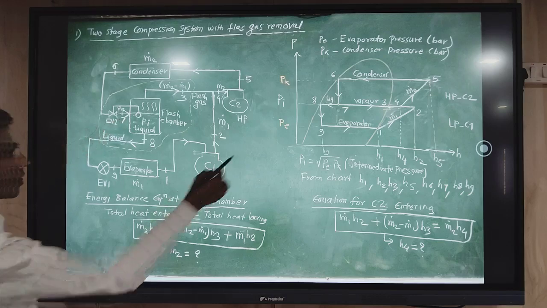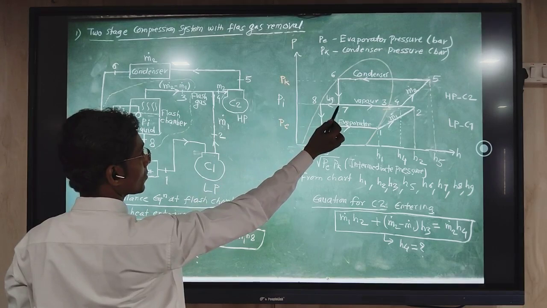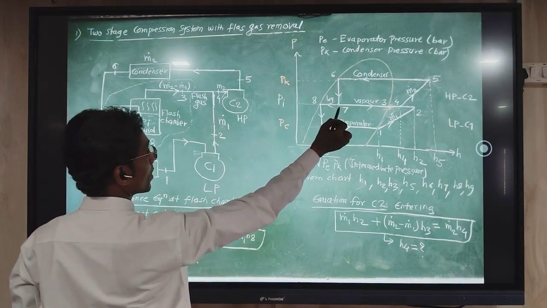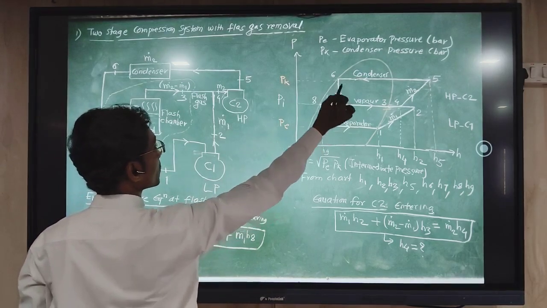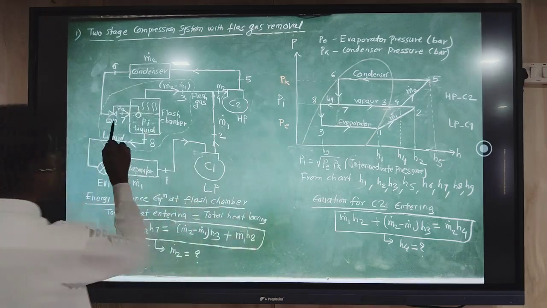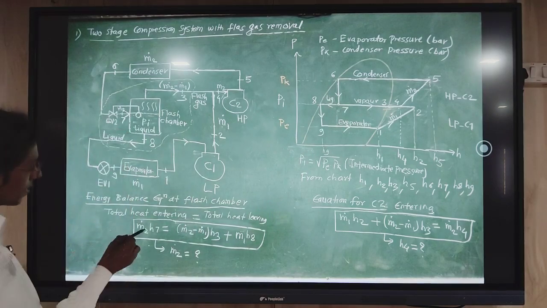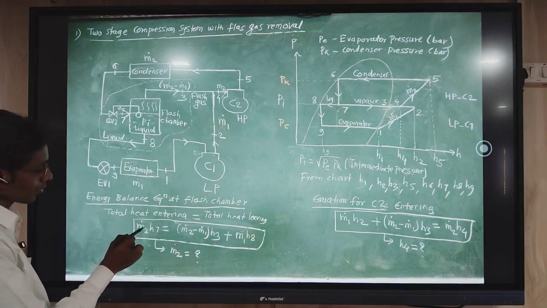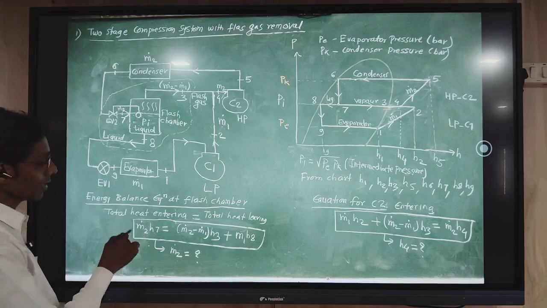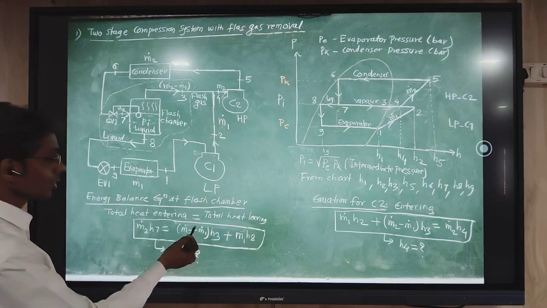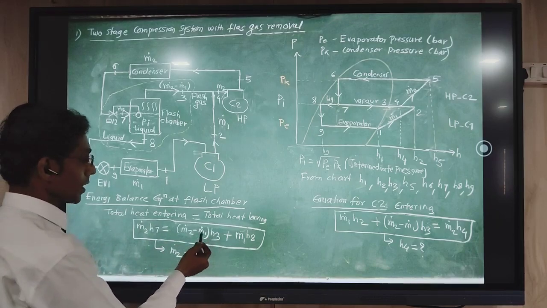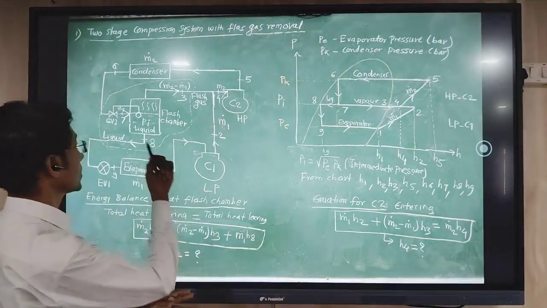Point number 7, because this is coming from the expansion process 6 to 7. So 6 to 7 is an expansion process. So this heat content is M2 dot into H7. This is the entering heat, equal to the heat content which is coming out of the chamber.